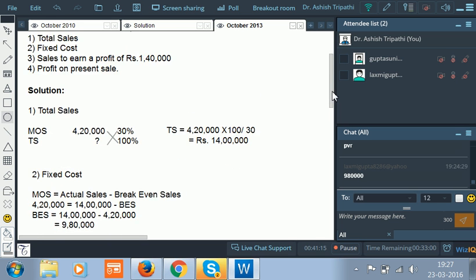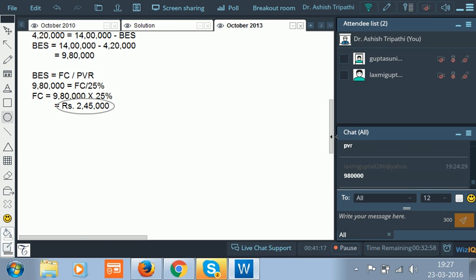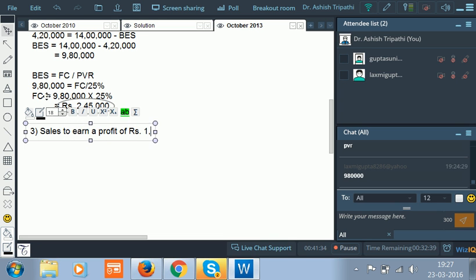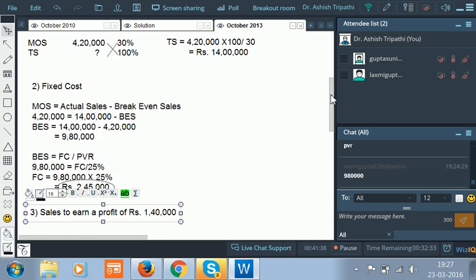Now what is the third thing that we'll have to calculate? Sales to earn a profit of rupees 1,40,000. So let us give the heading. Third, sales to earn a profit of rupees 1,40,000.